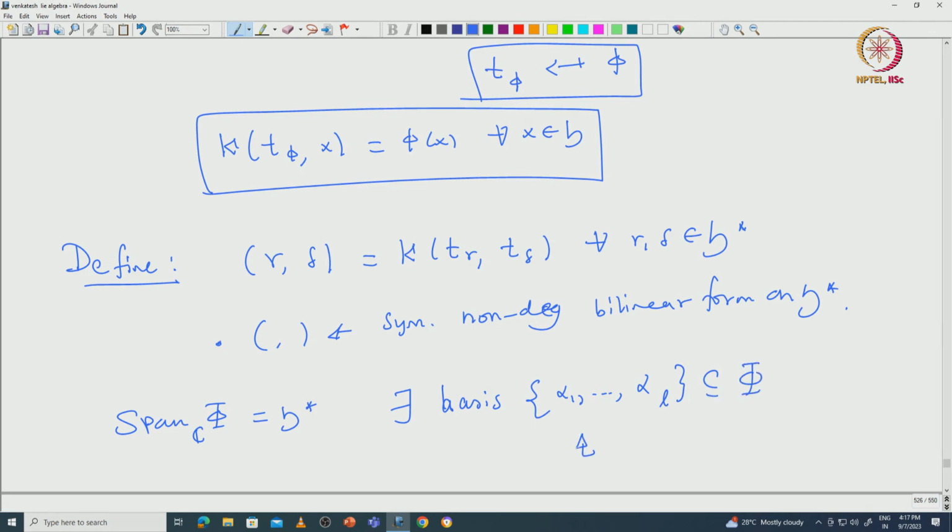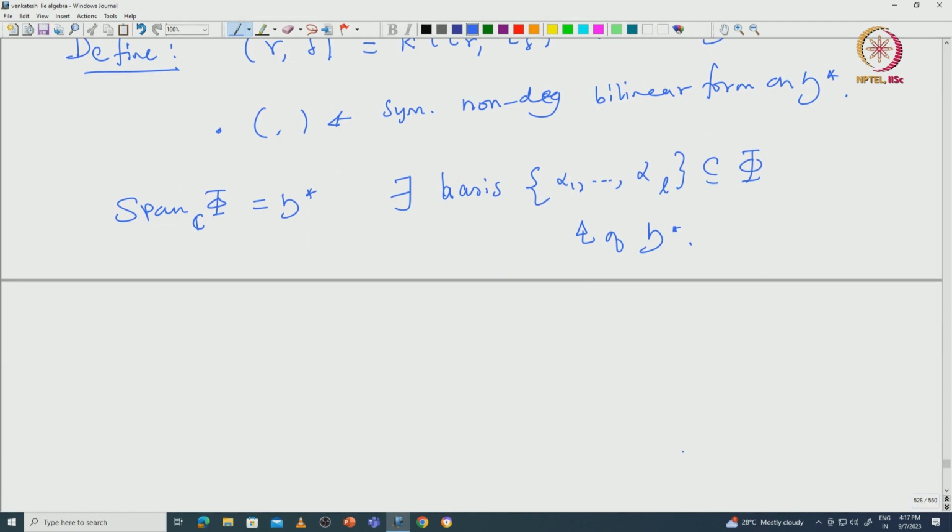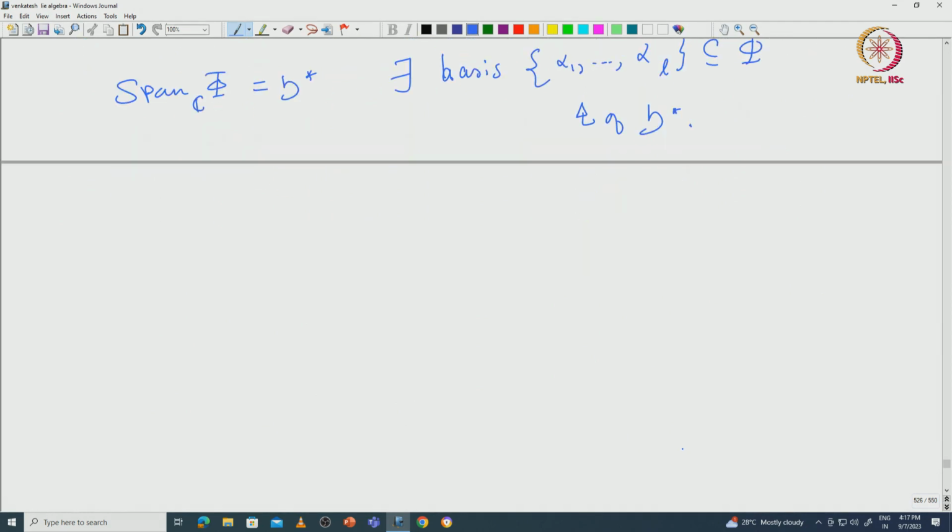This is the basis of H star. We fix this basis and work with it. So, given beta inside phi, we will write this beta as the sum of c i alpha i, where i ranges from 1 to n. Now a priori the c i are all coming from complex numbers.